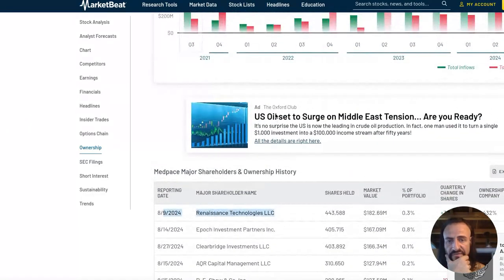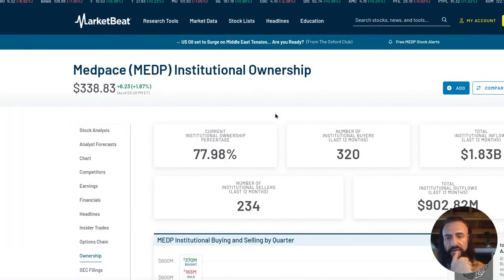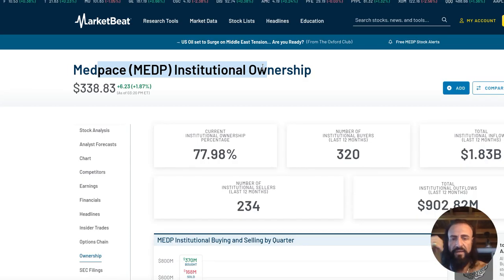I look at a few things to come up with a good stock to buy. Now, it doesn't mean that I am going to buy it, but I work on a list of stocks that are potential candidates to buy.